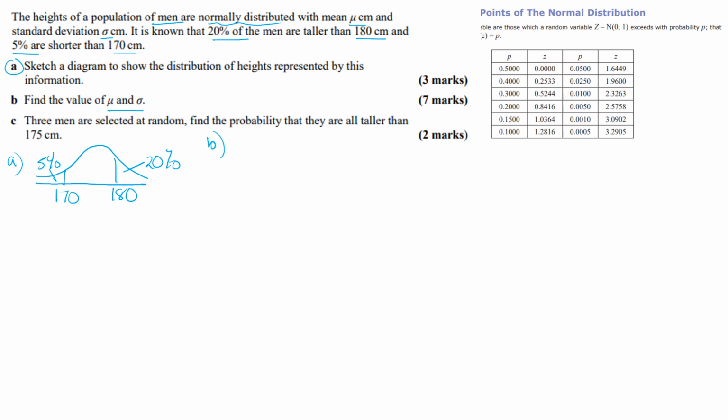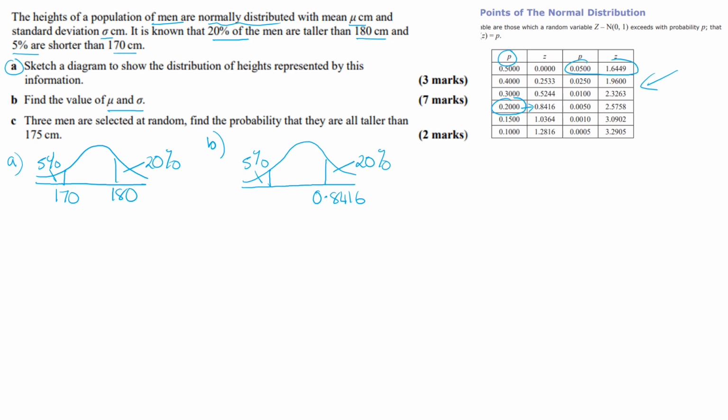Now in part B we've got to find mu and sigma, so what we need to do is put that information onto the standard normal, and using this information here from the formula book, you've got your percentage points from the normal distribution, and in order to have here the 20%, which is a probability, we look here the 20%, the p-value as a decimal gives us a z value, which is on the x-axis of 0.8416. Then looking for the 5% here, we need to go here.